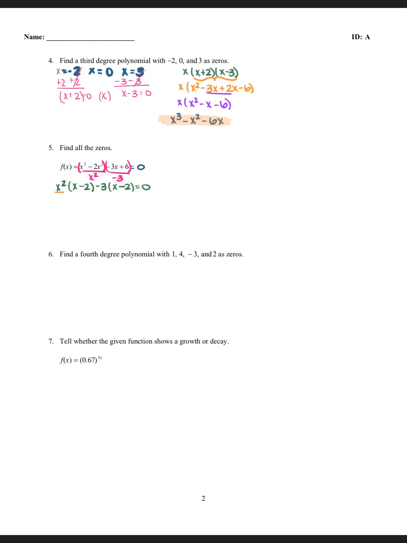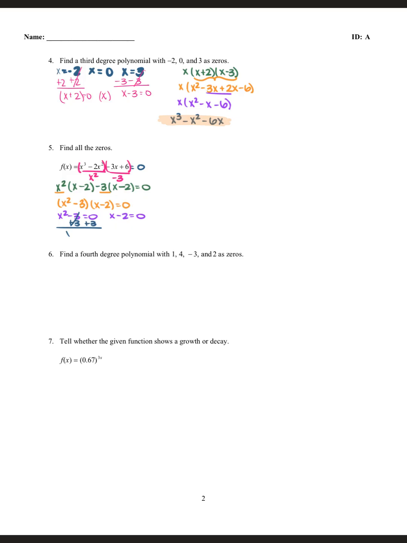From here, your x minus 2 and that negative 3 form a binomial to give you x squared minus 3. And then you have that x minus 2. You cannot factor anything else out here, so you're going to set the x squared minus 3 equal to 0 and the x minus 2 equal to 0. Add your 3 over.